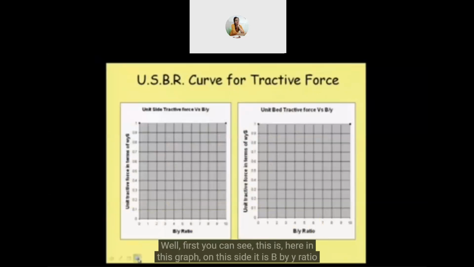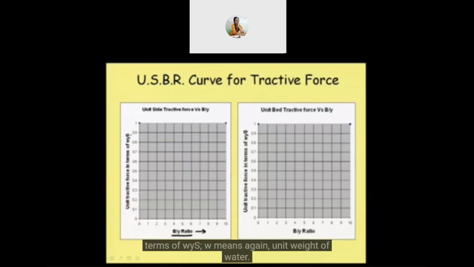Well, first you can see this graph. On this side B by Y ratio is plotted. So B by Y ratio they examined, say up to 10 we can have, and then on this side, that is on the y-axis, it is unit tractive force in terms of WYS.